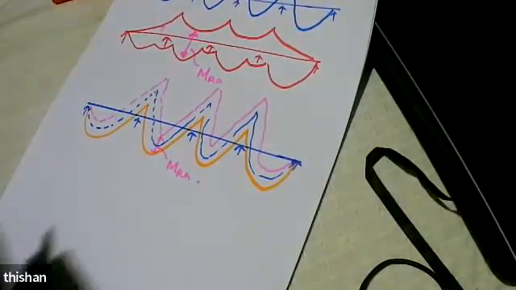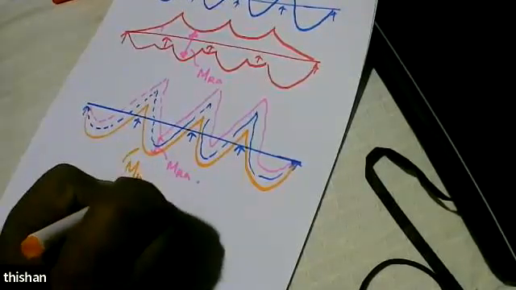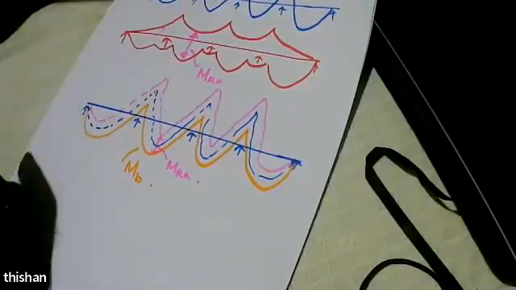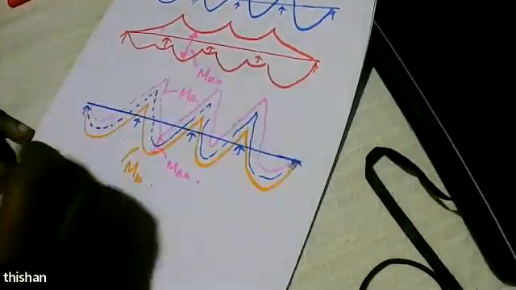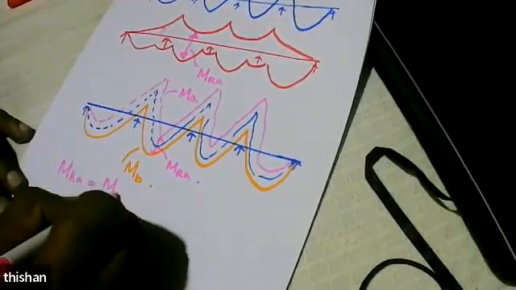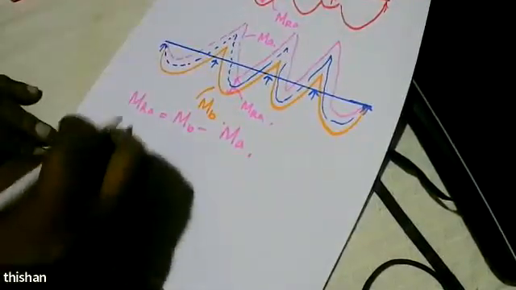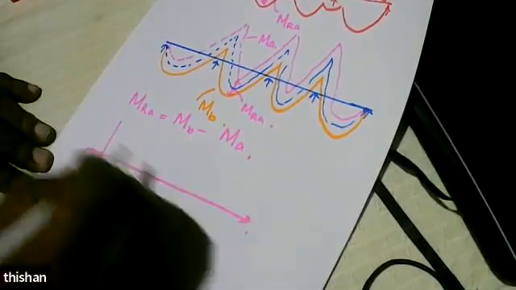So basically we can define a maximum moment MB, a minimum moment MA, and the range M range is equal to MB minus MA. And then we also looked at the Magnel diagram like that.